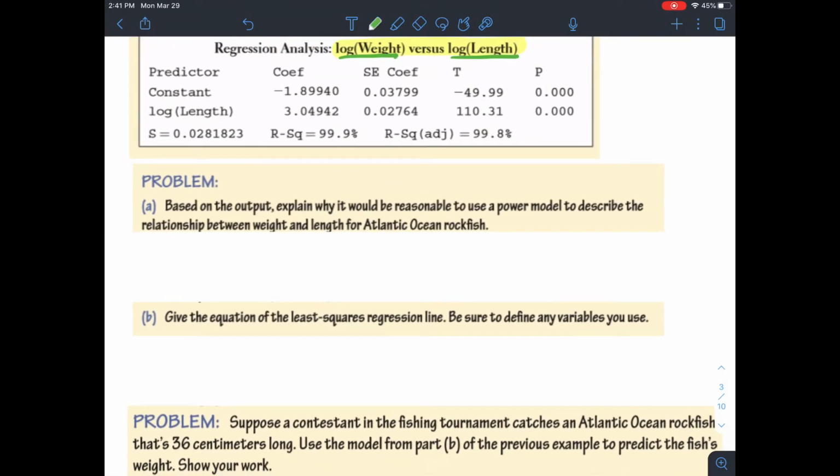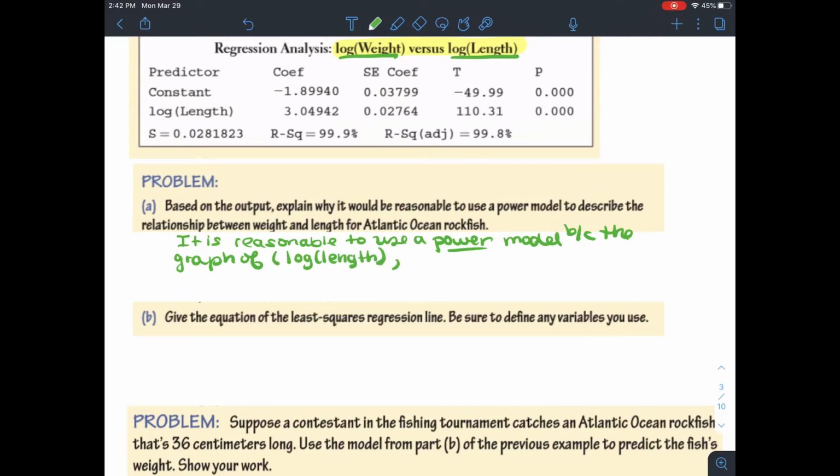So what we're going to say is it is reasonable to use a power model because the graph of log length, comma, log weight, this is my transformation, has a linear form.